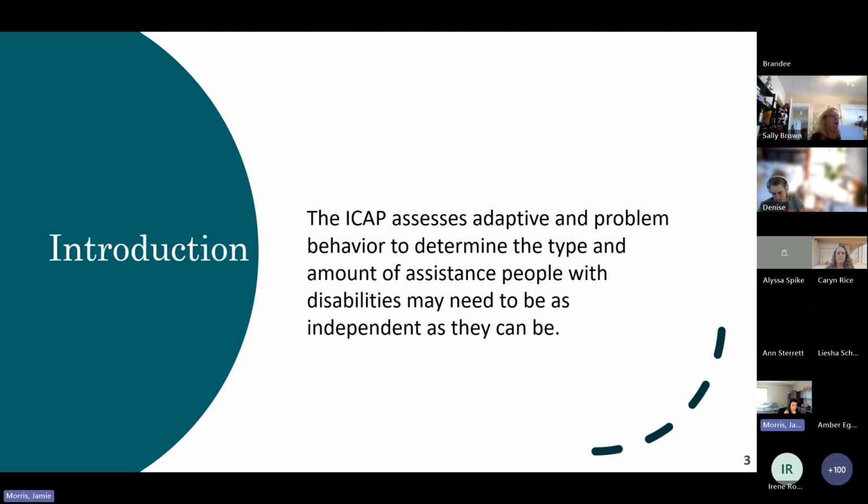It was intended to help determine the types of assistance that a person with developmental disabilities may need, with the idea in mind that they would be as independent as possible. So that is where we're heading with the ICAP: to try to define how to help assist that individual.